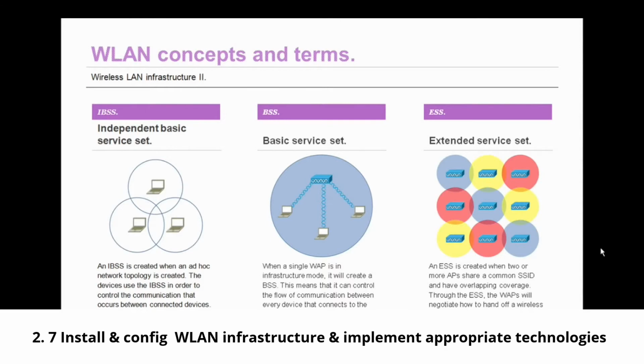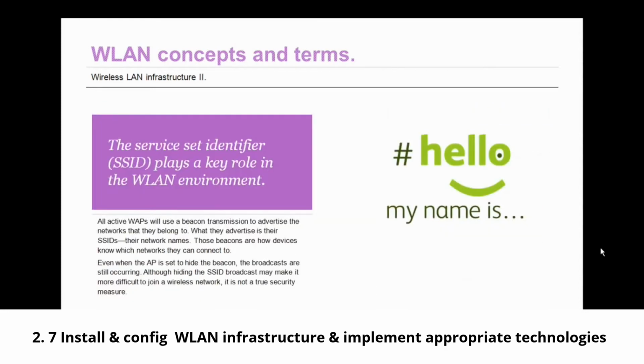An ESS is created when two or more access points share a common SSID and have overlapping coverage. Through the Extended Service Set, the WAPs will negotiate how to hand off a wireless device between them as it roams the network. So I mentioned the service set identifier just a moment ago, or the SSID.